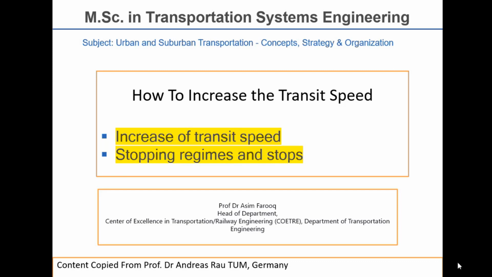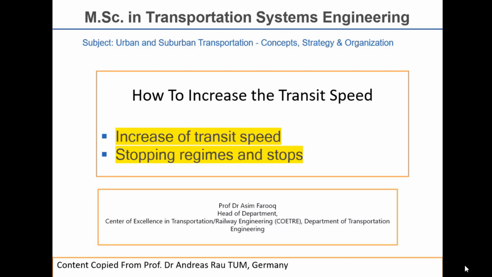Most of the transit systems are suffering from lower speed, despite the fact that a huge amount of capital is already invested in them. Most transit systems have adequate speed for short to medium distance trips.